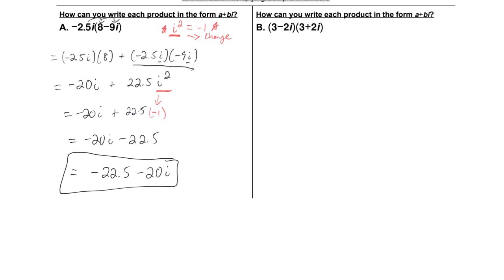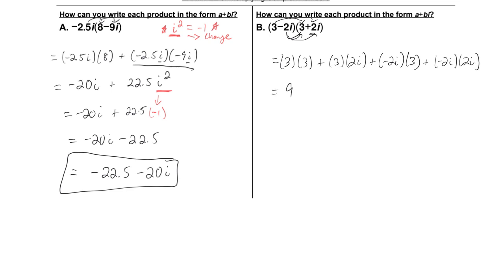All right, so the next one is multiplying two binomials. So we need to use the FOIL method. We get 3 times 3 plus 3 times 2i plus -2i times 3 plus -2i times 2i.